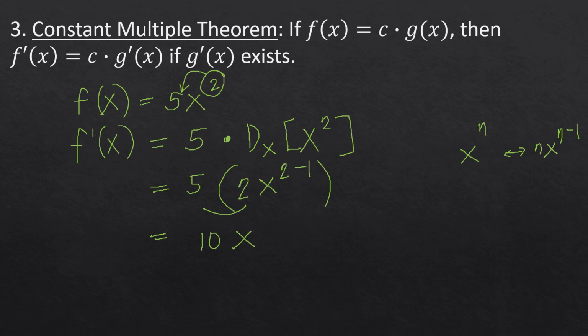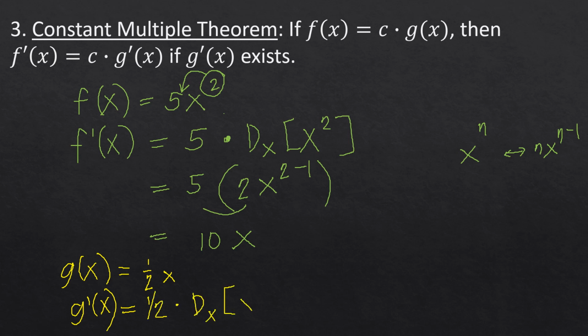You can also have g of x. So another example, that is g of x is equal to 1/2 x. Okay, so 1/2 x, we can separate 1/2, then multiply that to the derivative of x. So what is the derivative of x?